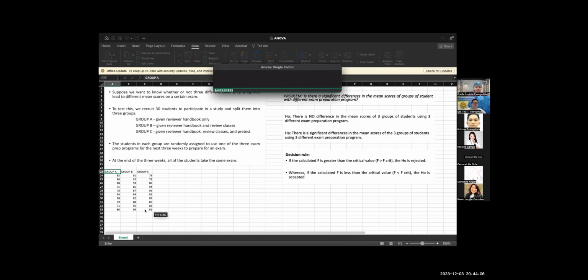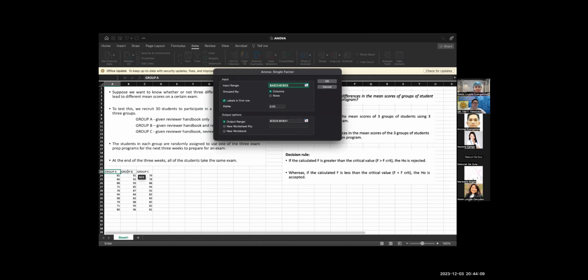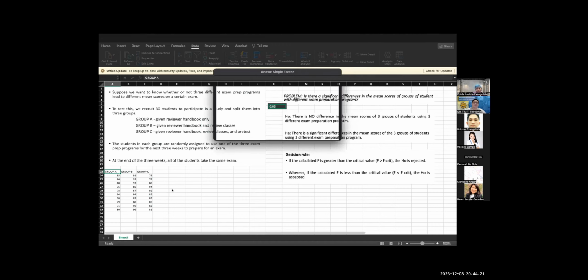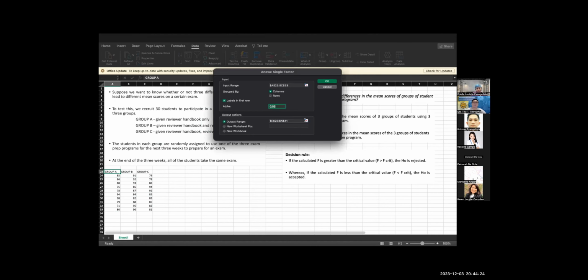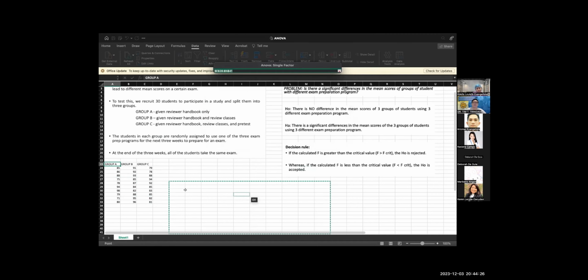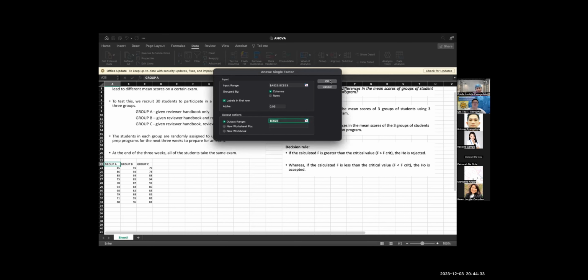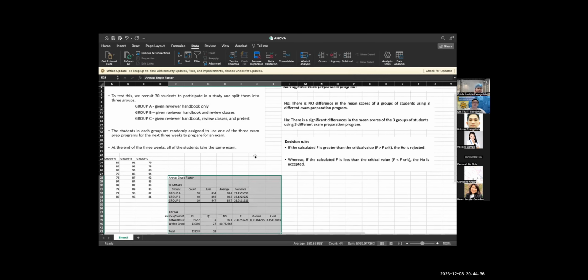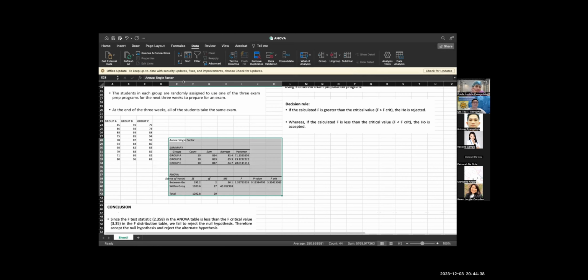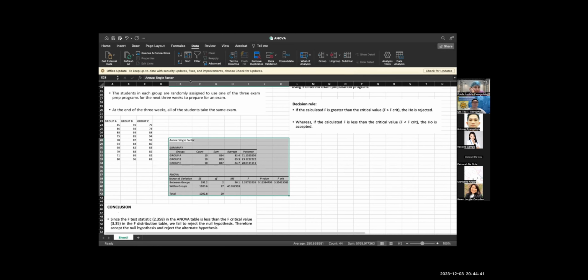And then enter, and then check the label since our first row is the label, and then our level of confidence, our alpha value is, let's say, 0.05. Then as to output range, you can put anywhere there. Where do you want to put the analysis? Let's say here, and then enter, and then press OK. So it will just give you the ANOVA table.